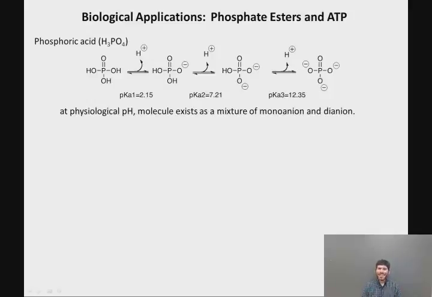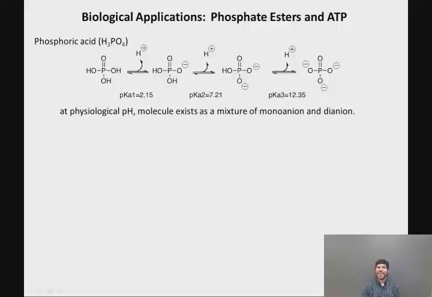So what you need to be aware of is that at physiological pH, of course physiological pH is pH 7.4, phosphoric acid is going to exist as a mixture of the monoanion and the dianion.